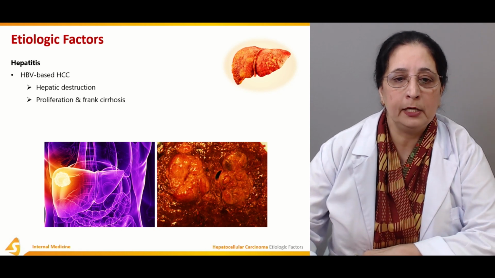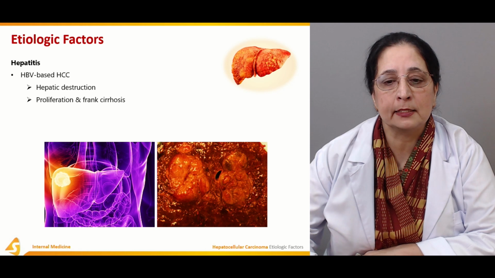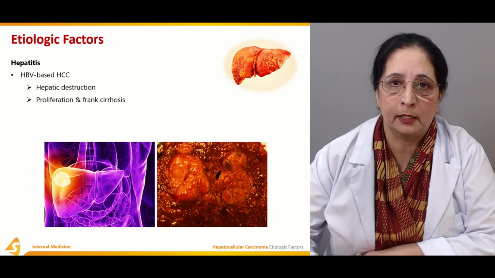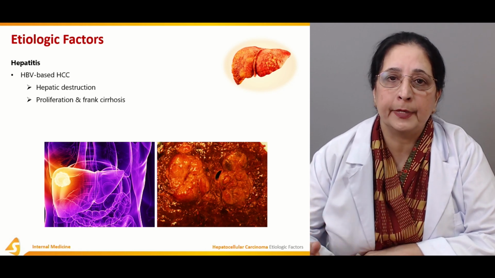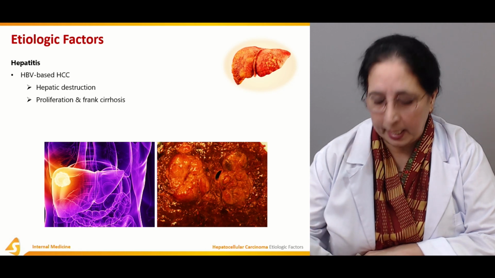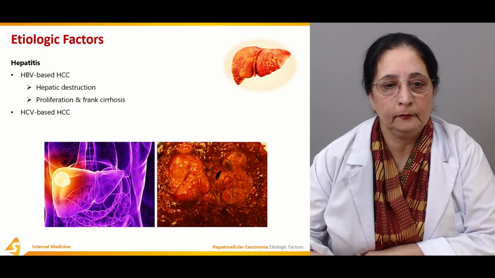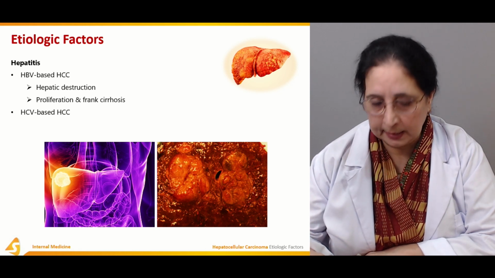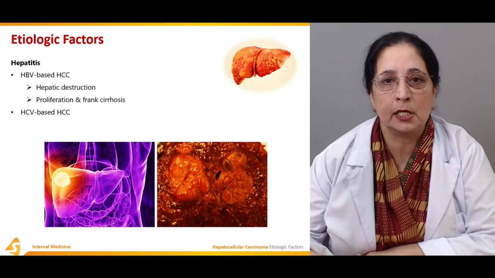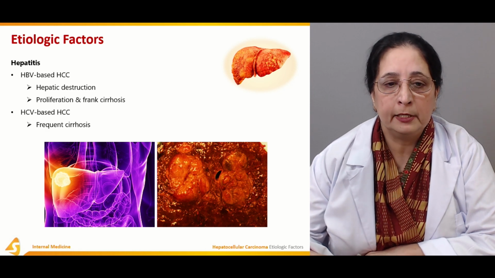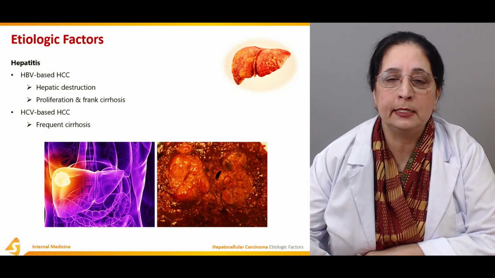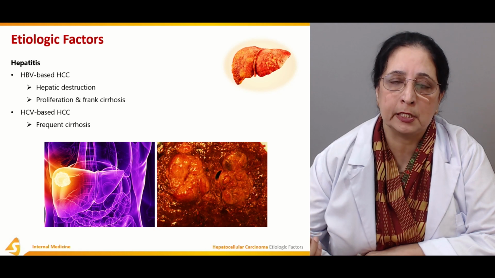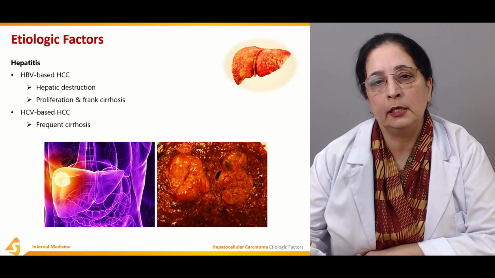There is proliferation and frank cirrhosis of the liver as a result of hepatitis B virus. Then we also have hepatitis C virus based HCC, which frequently leads to cirrhosis.